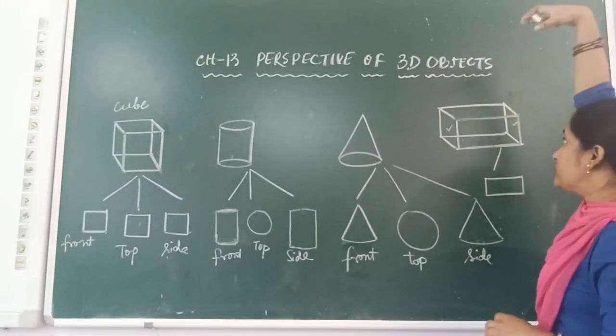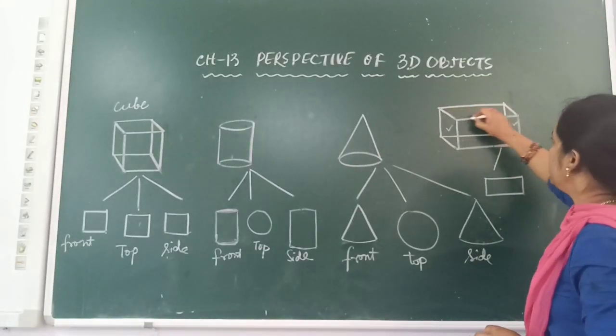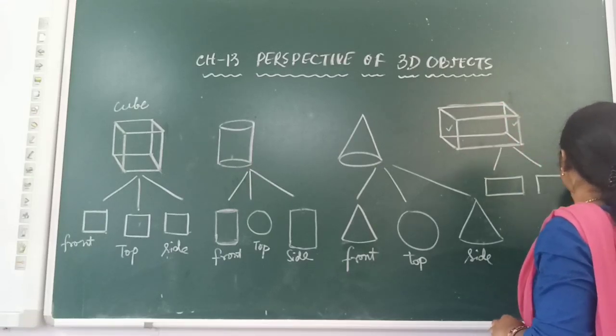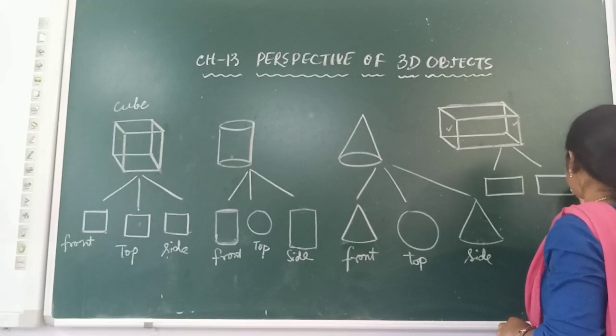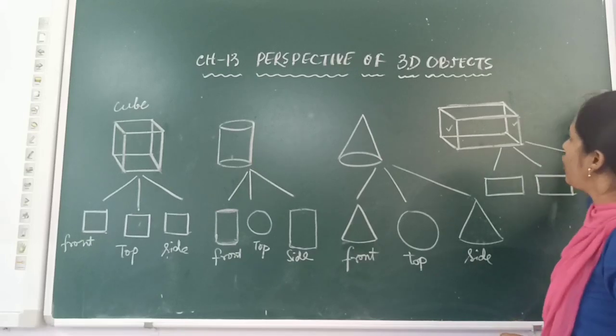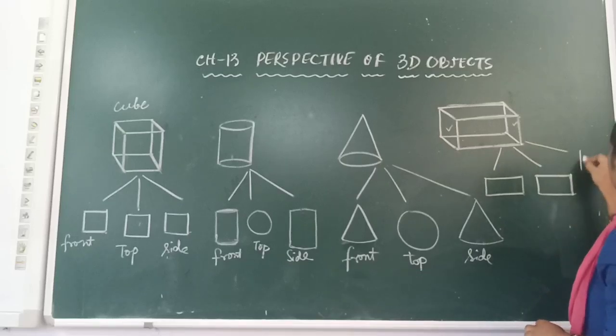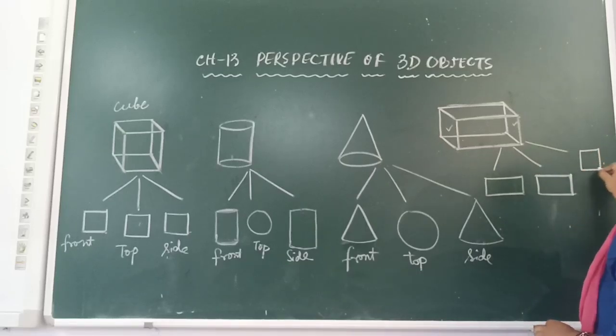Whereas if you observe from the top, in the top also we have a rectangular face. So the top view also will be a rectangle. But if you want to go for the side view, then it will be a square.